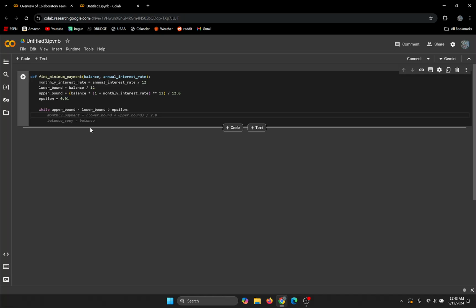So now we need to calculate the midpoint between the upper and lower bounds, which will be the start of the guess for the loop.